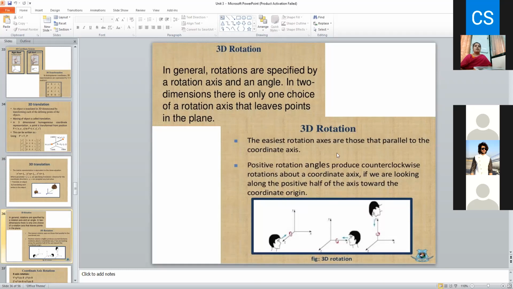So three kinds of rotations are there: rotation about the x-axis, rotation about the y-axis, and rotation about the z-axis. Out of these, x and z rotations are considered positive, and y direction rotation is considered negative. So let us see why it is so.